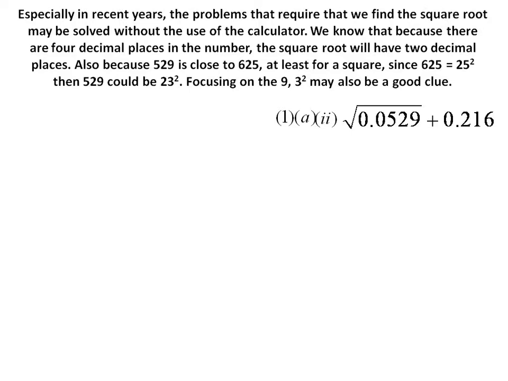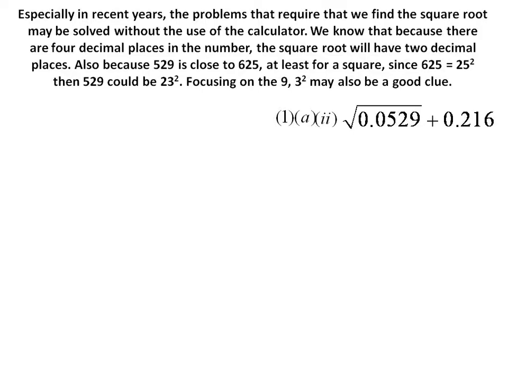So if we have a particular number, especially if the number of decimal places is even, say 6 decimal places, if we find the square root of that number, then the square root should have 3 decimal places. So while taking the square root of a number, we take half of the number of decimal places. Now we have 4 decimal places right there. Taking half of 4 is 2, so the answer should have 2 decimal places.